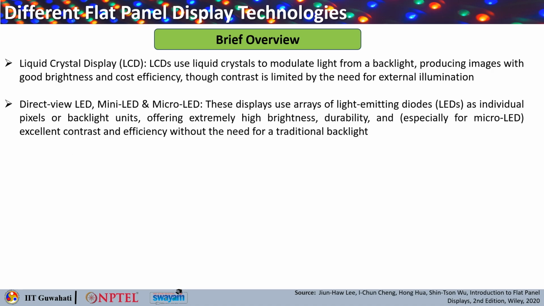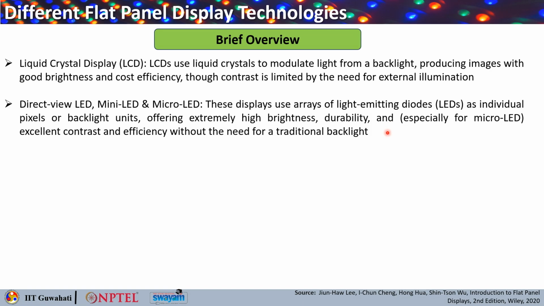You can use them as a backlight unit as well. The benefit of LEDs is that they offer extremely high brightness and are durable, and especially with micro LED, you can get excellent contrast and efficiency without any need for a traditional backlight.